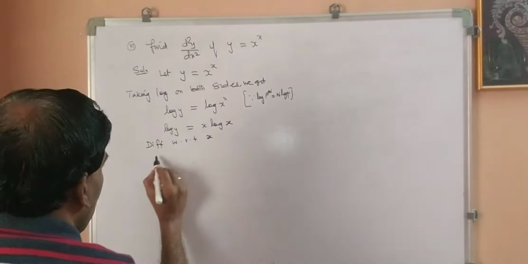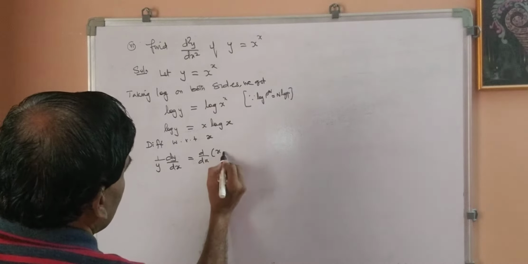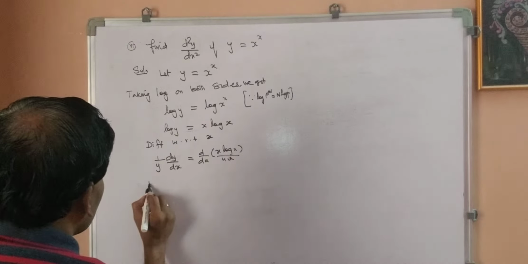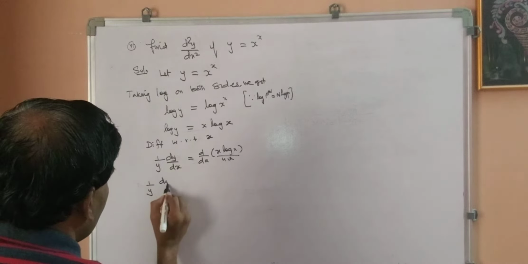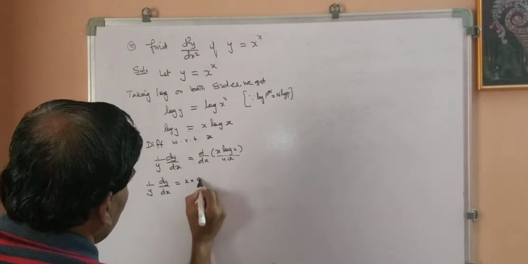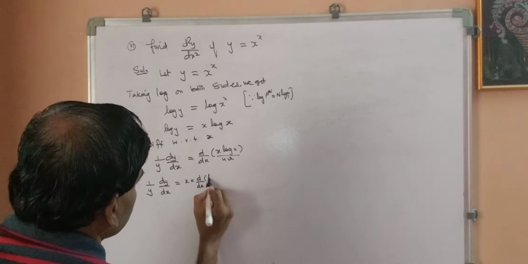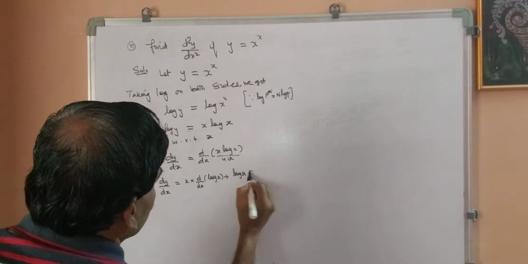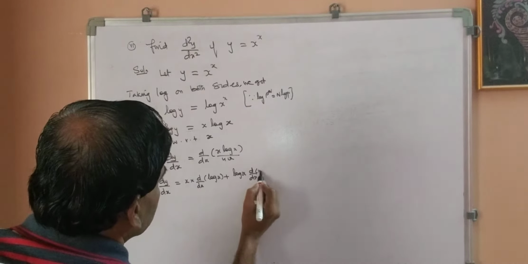1 by y dy by dx equal to d by dx of x log x, UV formula. So, 1 by y dy by dx equal to x into derivative of log x plus log x into derivative of x.